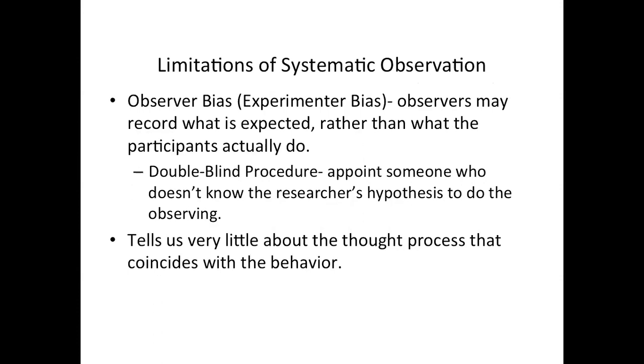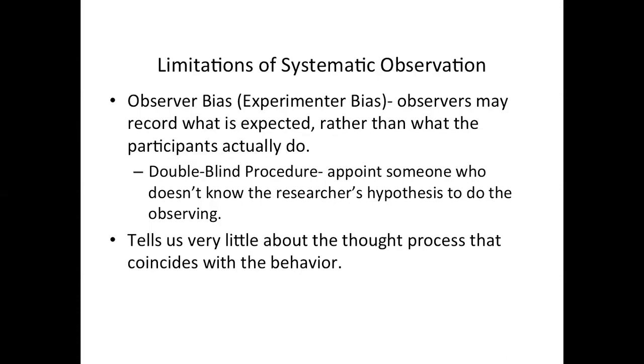But we also have to be mindful, like I said, that the observer themselves can have bias. So I said to you that it's possible that, based on my past experience, I may look at something a certain kind of way. So when we have an experimenter or observer, we have to worry about the researcher themselves having their own bias.